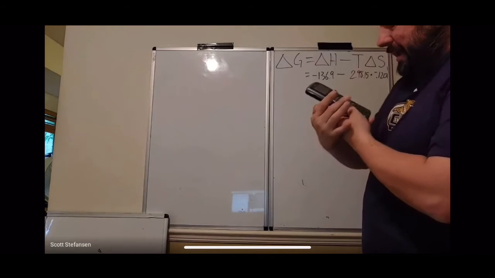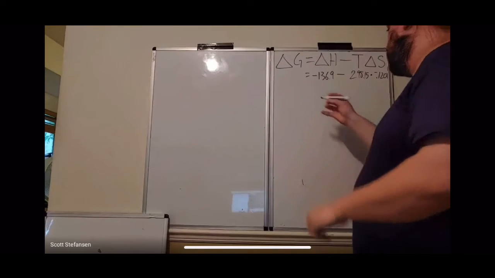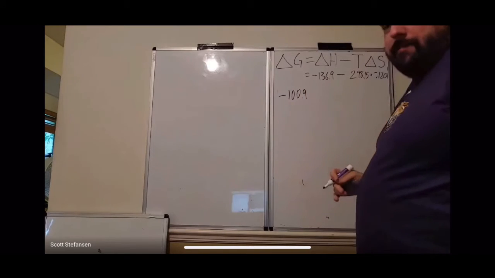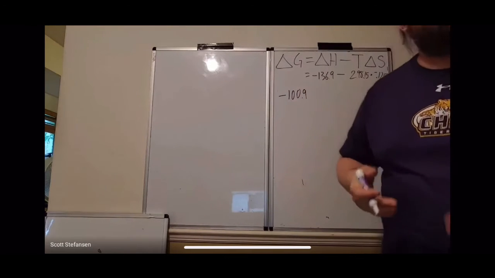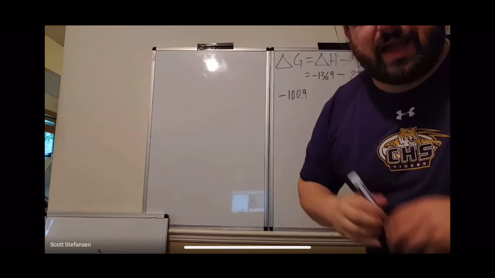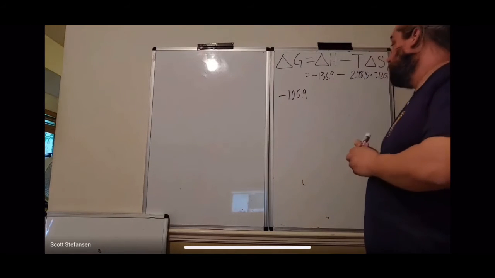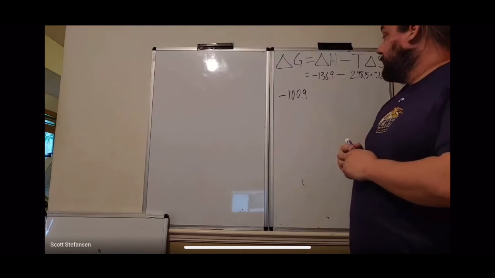That gives me a negative 100.9. Delta G is negative, and if you remember from the presentation last week, that means we are spontaneous. And so that's going to be number 1, and we just plugged it in.